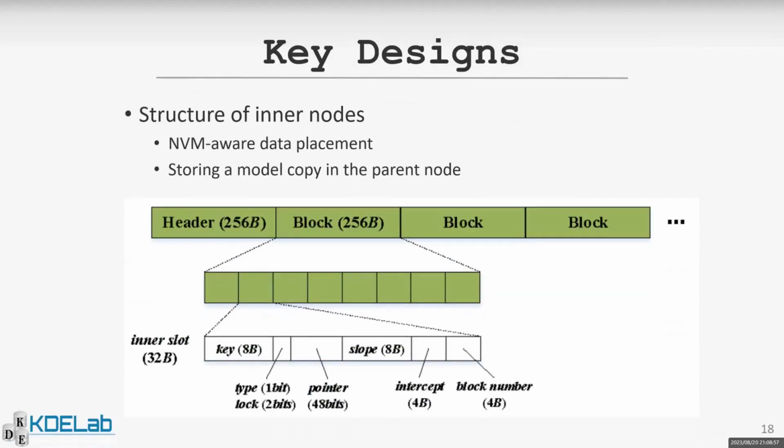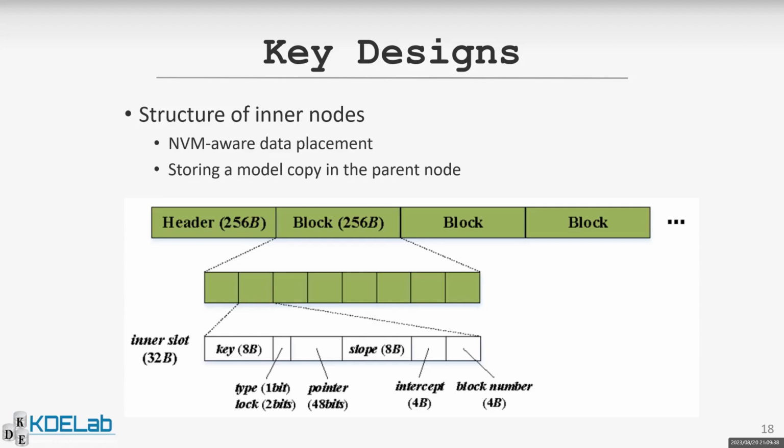And within an inner node, peeling also aligns the node space and divides it into 256 bytes blocks. Each block contains 8 inner slots, and each inner slot is 32 bytes in size. As shown in the figure, an inner slot contains an 8-byte key and a pointer to a child node, and also contains the parameters of the child node, including the model slope and intercept, and the number of blocks of the child node.